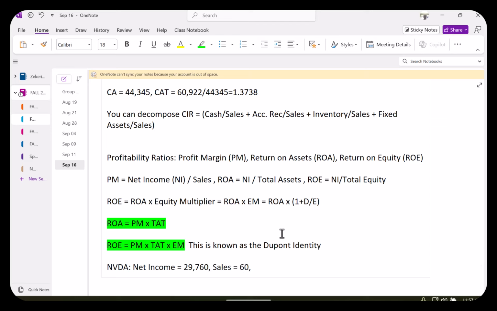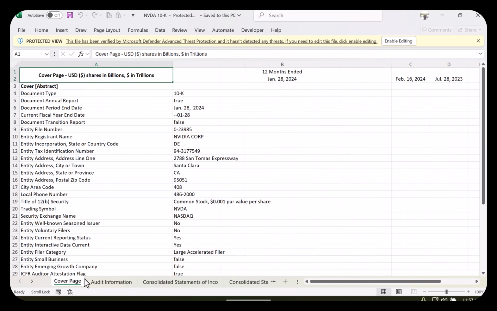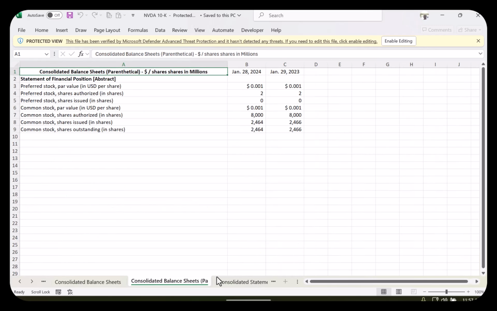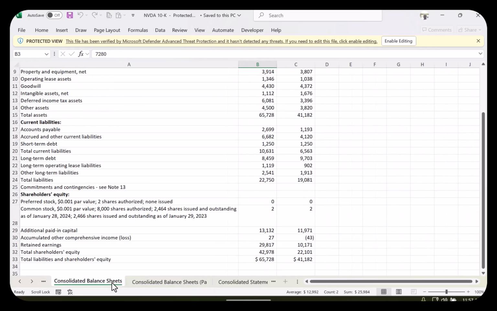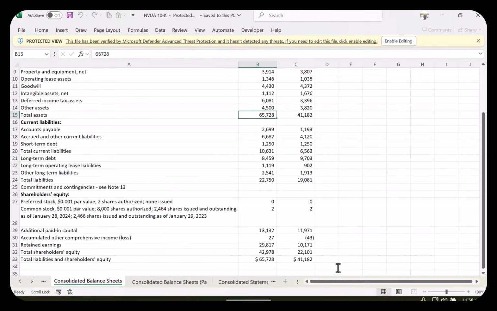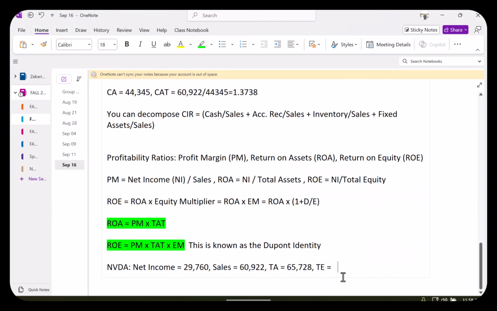Total assets: 65,728. And total equity is 42,978.